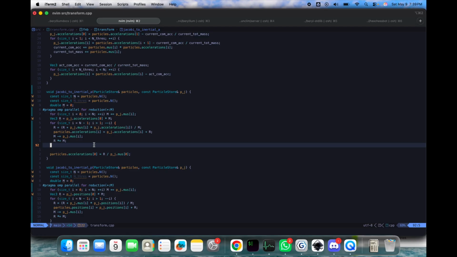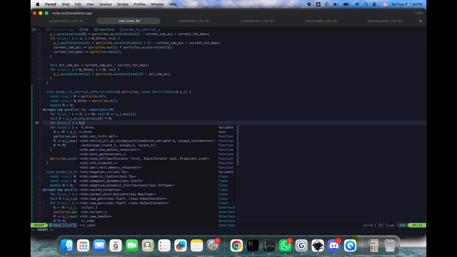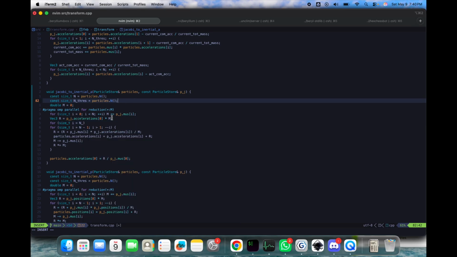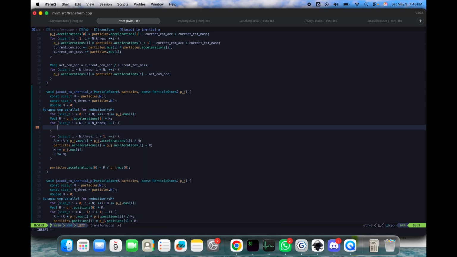So now we have inertial, so can we just put in the size Ti equals n thresh, I is greater than n thresh minus I.